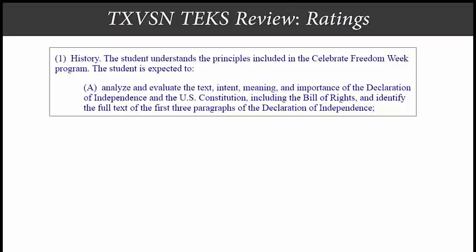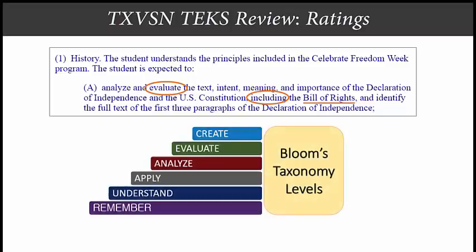It uses the word including. That means you must observe the Bill of Rights component, and it must be taught at the Evaluate Bloom's level in order to rate it observed. When more than one Bloom's level appears in a standard, the rule of thumb is to evaluate for the highest level shown, and in this case, that would be Evaluate.